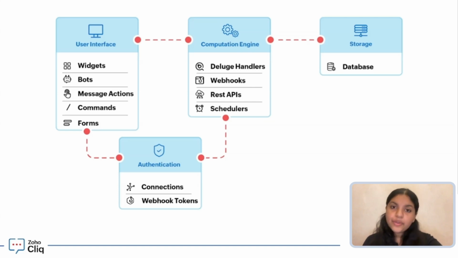And to ensure all of these workflows are played out in a very secure, authenticated manner, we have connections. Connections are there to pull in data from any third-party services that you already might be using. And we also have webhook tokens where you can be notified of any, again, third-party events, and post them right inside Cliq and subscribe to these events so that you're in the know without having to switch applications.